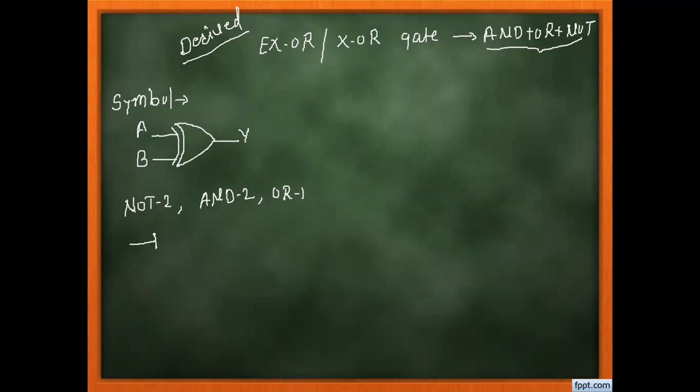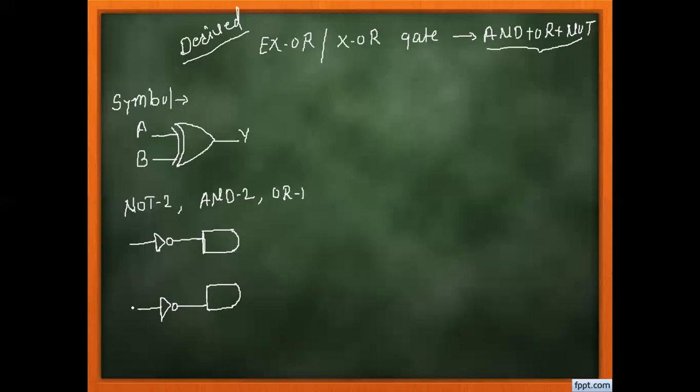So here I say that this is the first NOT gate, this is the second NOT gate. Now the input to the first NOT gate is connected together to that AND gate. This is the one AND gate, second AND gate.